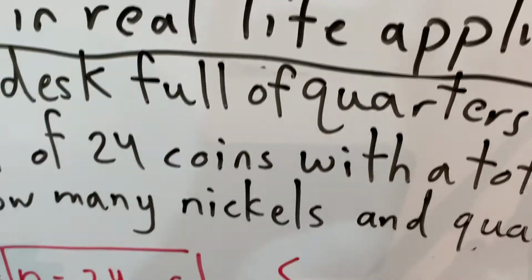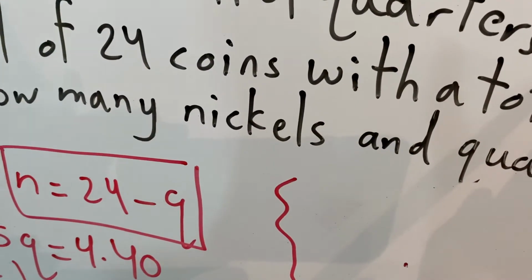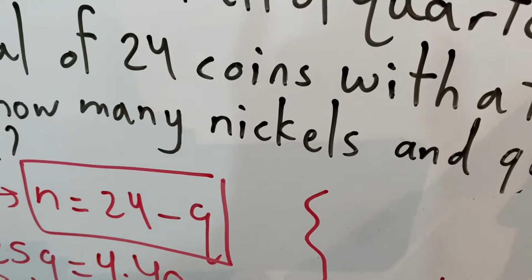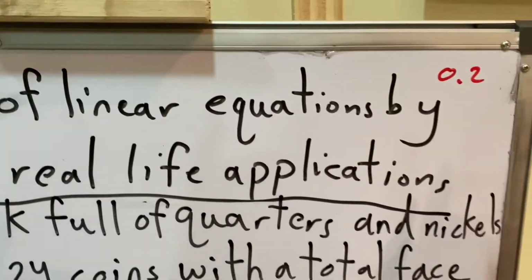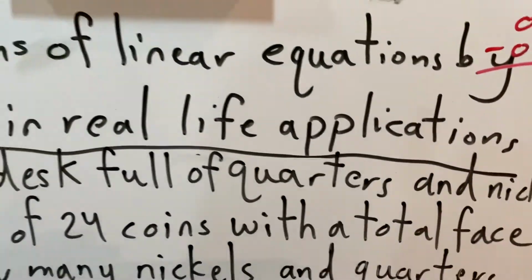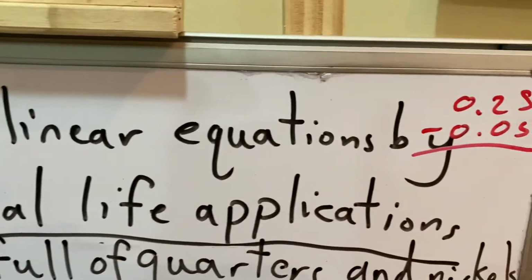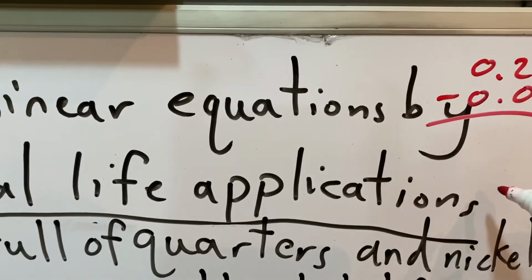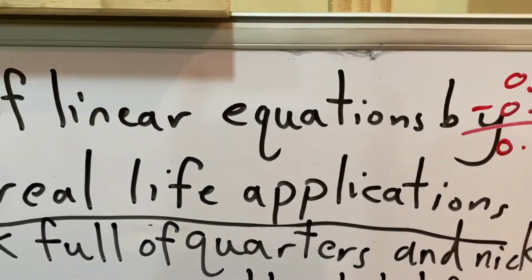I will take 0.25 minus 0.05. This is my question here. So I only subtract: 5 minus 5 will give me 0, so 0.2.